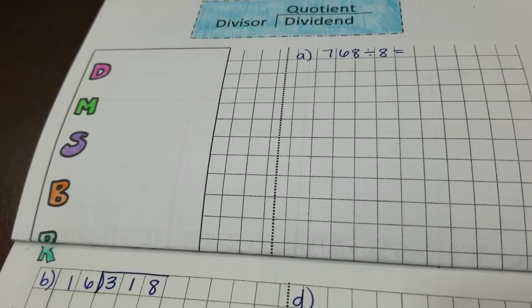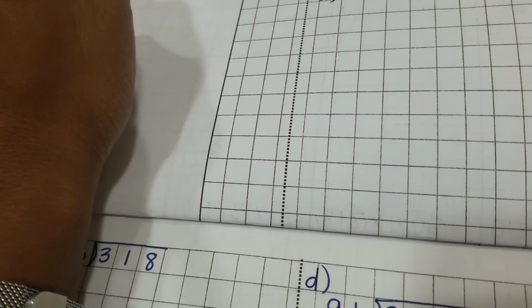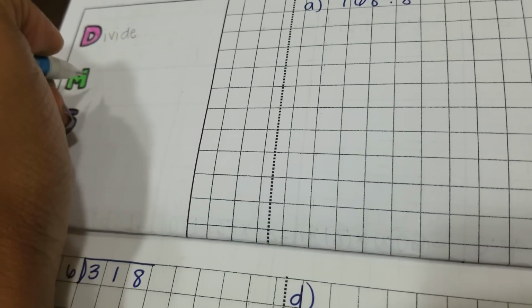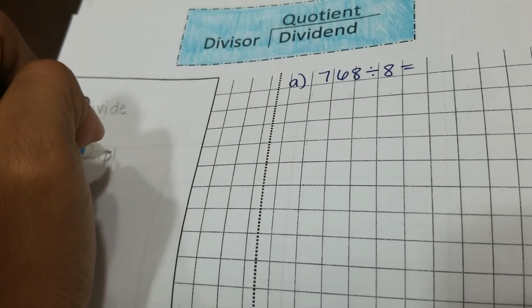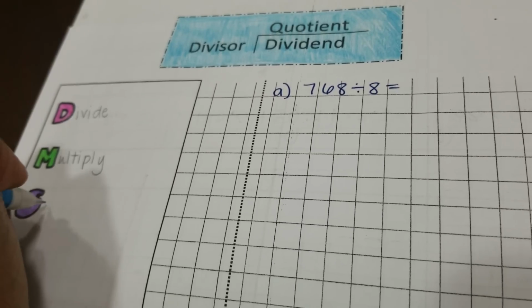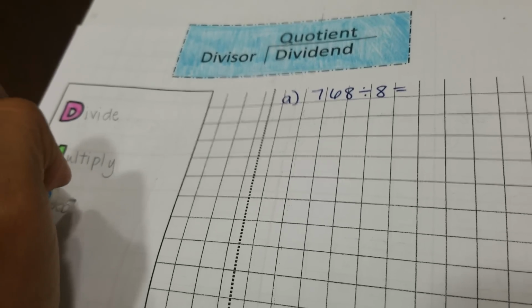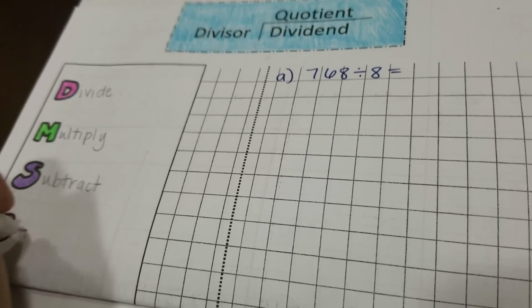So let's start with the process for division. We have divide. The M is for multiply. The S is for subtract. The B is for bring down.